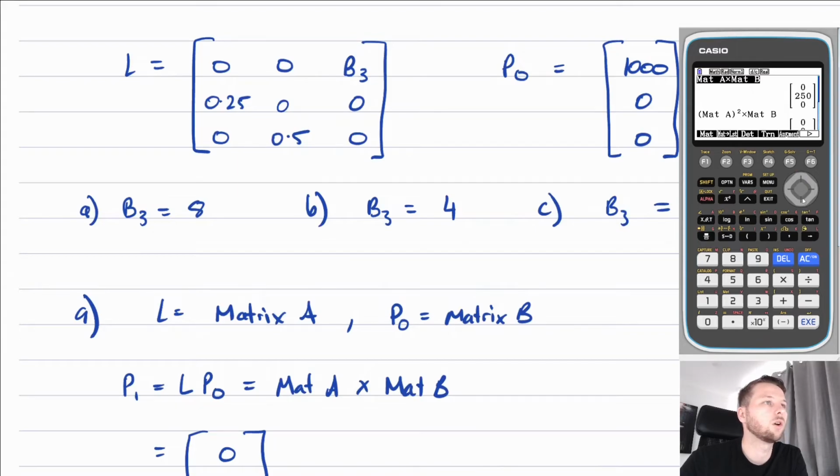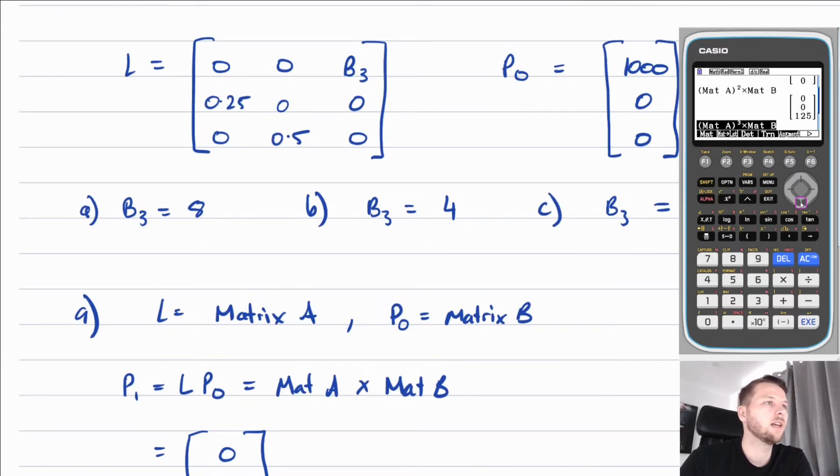All right, so this makes sense. Initially, we'll have 250 because the birth rate hasn't come into effect yet. Then we're going to have 125 in the older age period, which again makes sense. None of the population were old enough to have babies yet.